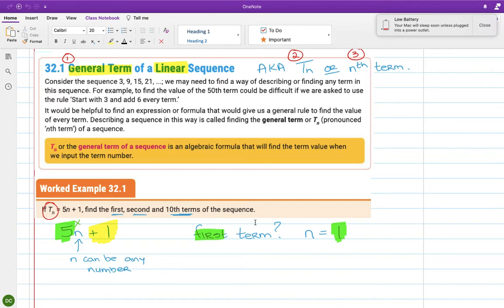Okay, so let's find the first term. What we do is we write down our 5, because that's what comes first over here. Next is our n, but now we're going to make n 1. You can use a multiply sign, but I'm going to use a bracket, because brackets mean multiply as well. So I'm going to do 5 times 1, and then the rest of the formula is plus 1.